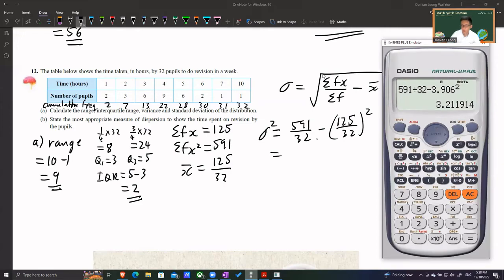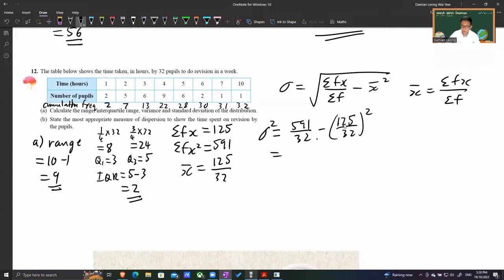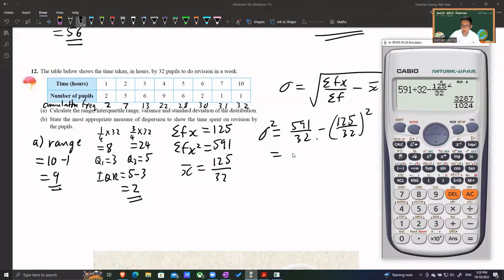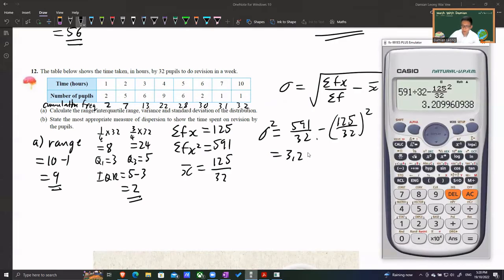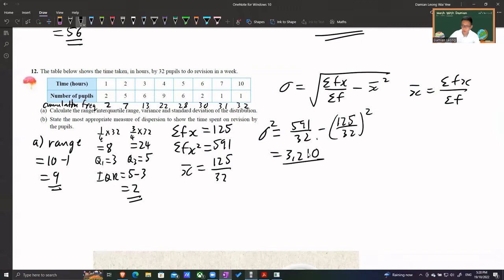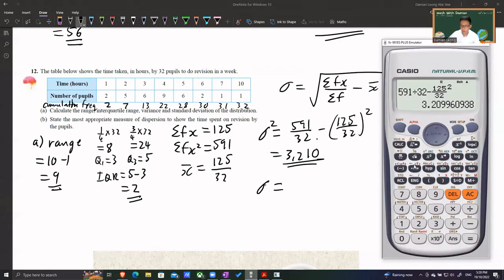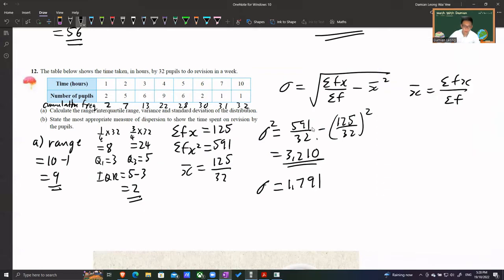So I will get 3.2099, which means 210. Then for standard deviation, just square root the value, 1.7916, so 1.792. So that is the standard deviation.